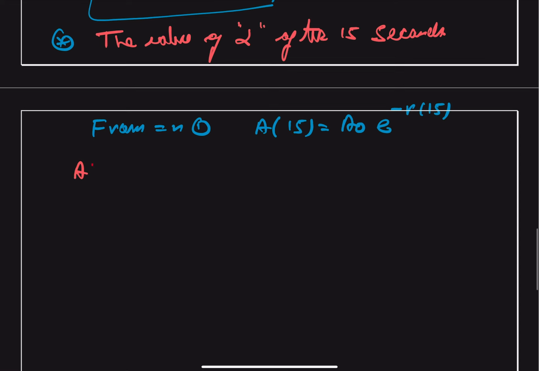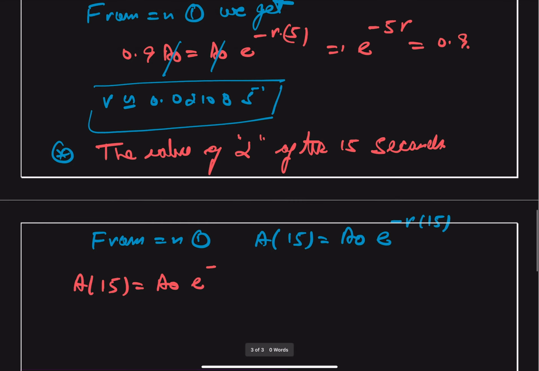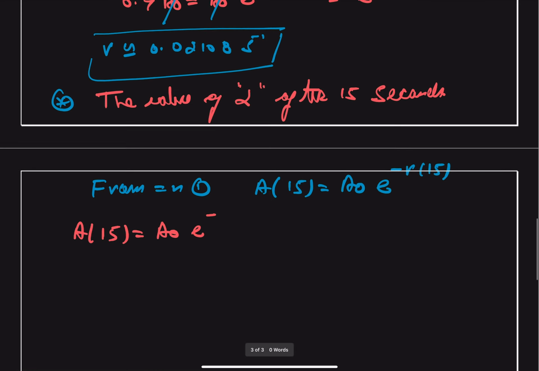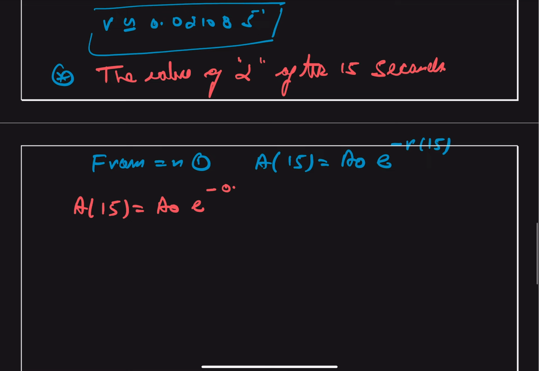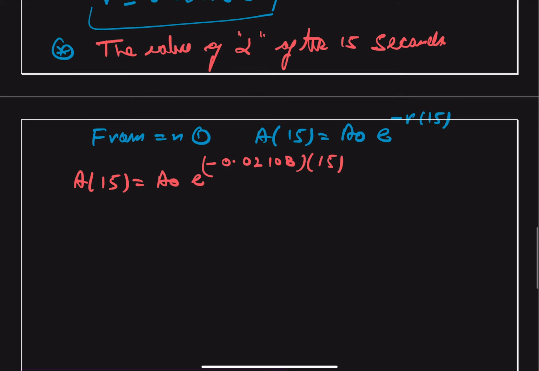We get A of 15 is equal to A naught e raised to power minus 0.02108 multiplied by 15. Let us find out this value.